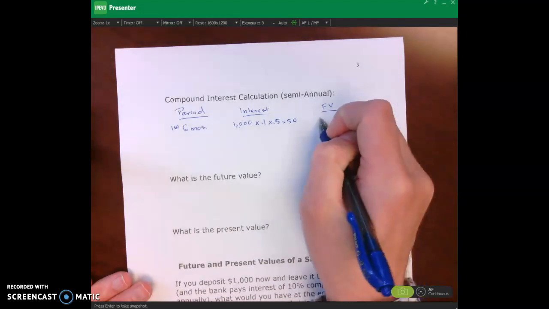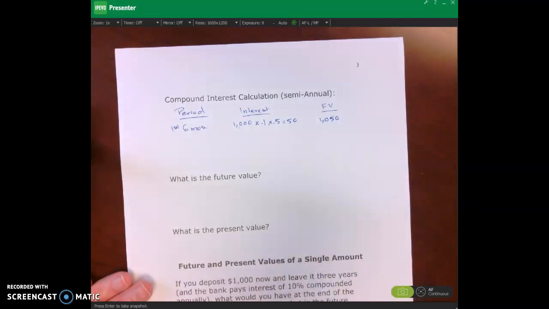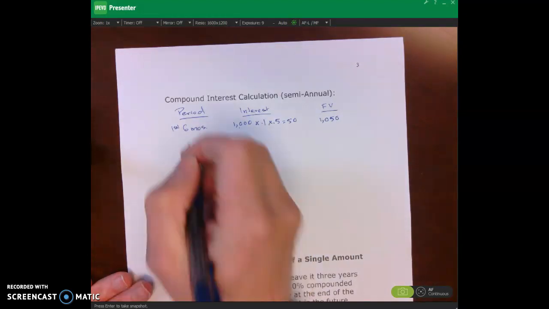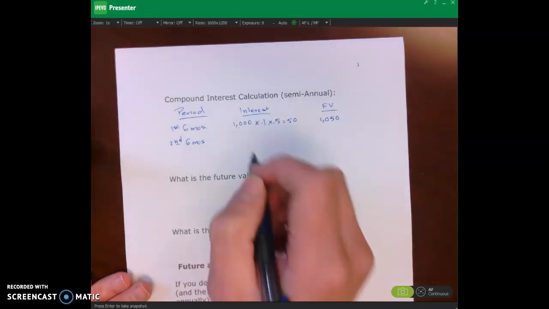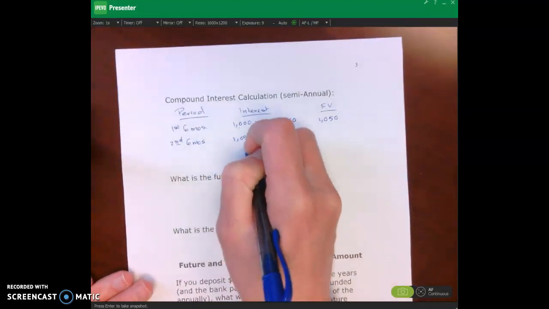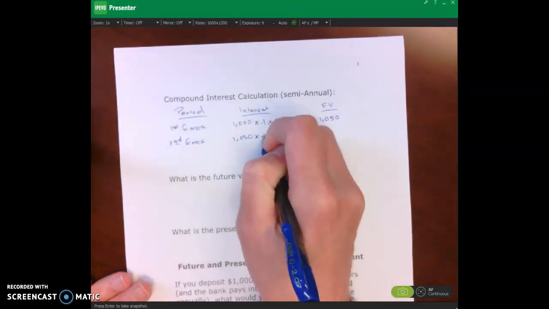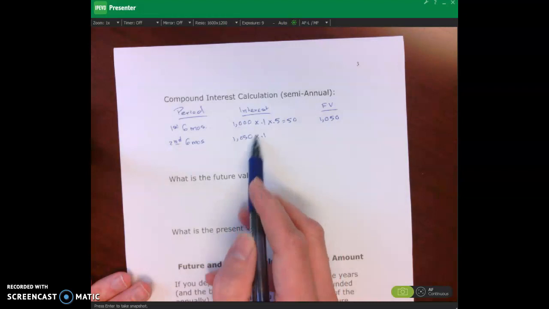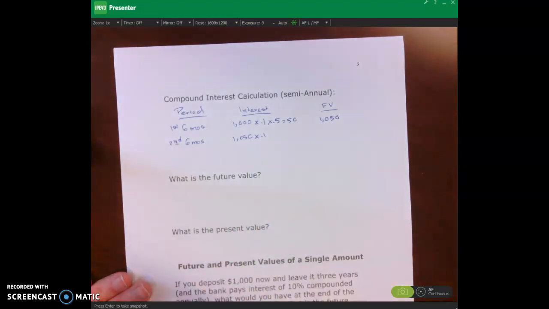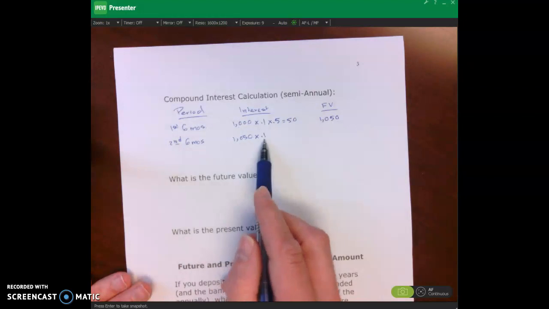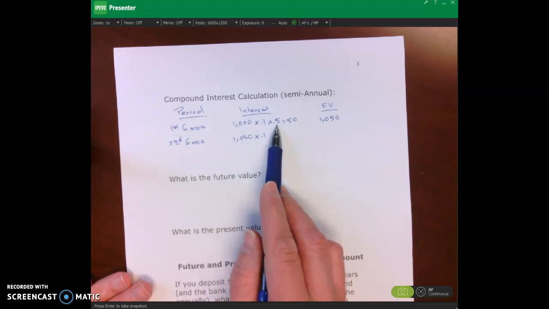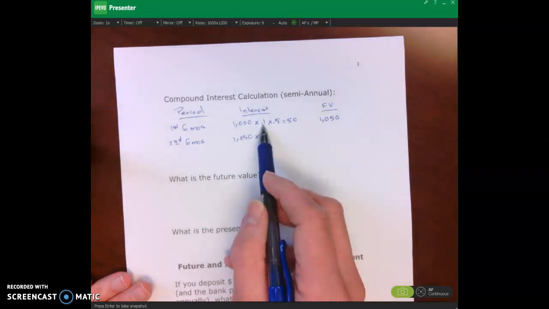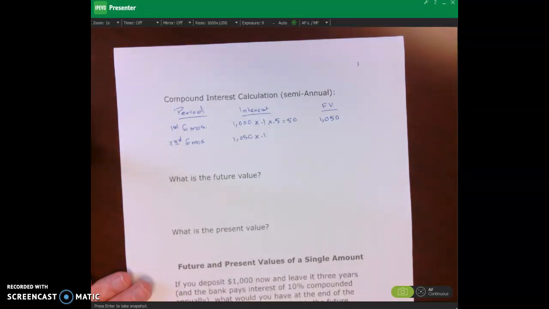So at the end of my first 6 months, my future value is $1,050. Then I come over to my second 6 months. I'll take my $1,050 and do the exact same thing. I'm writing out times 0.1 times 0.5 rather than times 0.05 just to give you the full explanation of what's happening, but know that you could just use 0.05, because 0.05 is the same thing as 0.1 times 0.5, taking half of 10%, 5%.